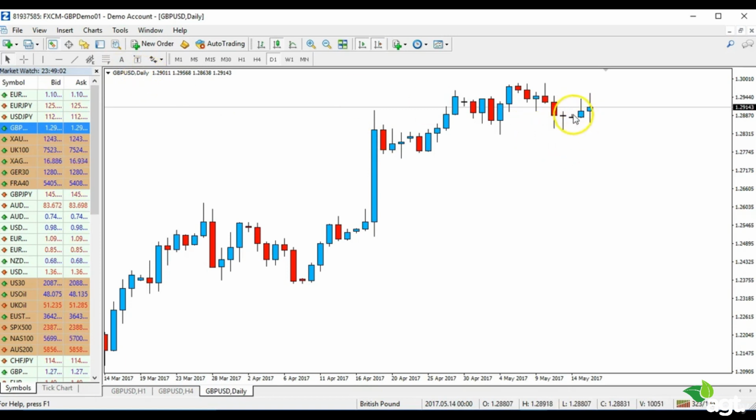Okay, so this candlestick here, if you just move this little mouse here and you just touch the top of the candle where it closes, it will give you the open, which you can see was 1.2883, the high, which was 1.2939, the low, which was 1.2880, and the close, which was 1.2901.